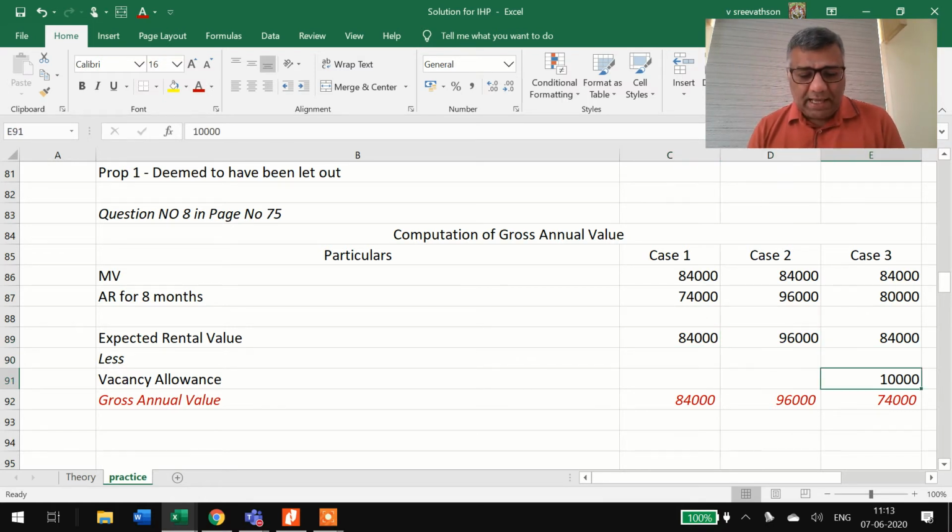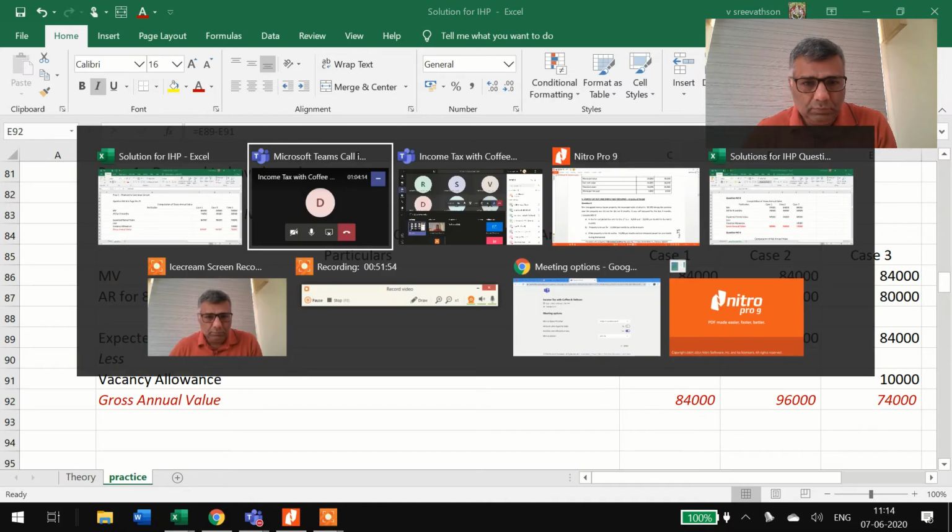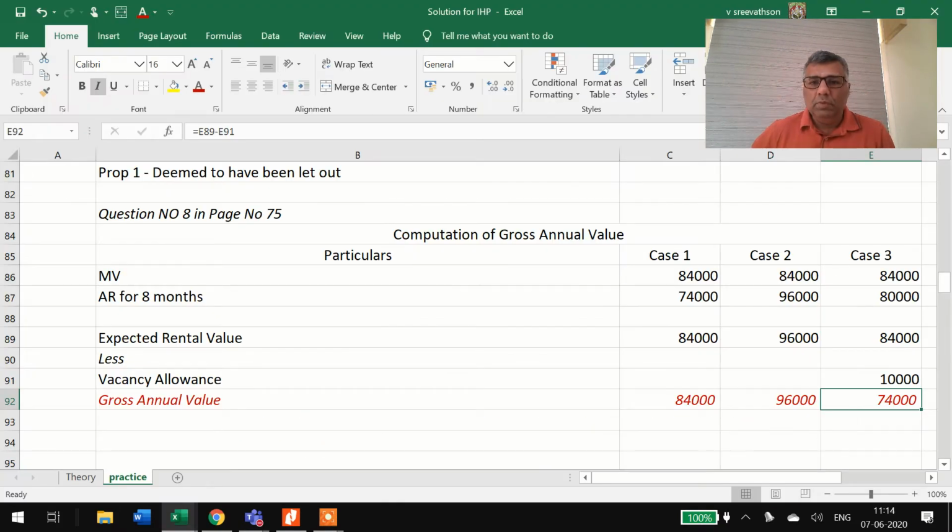In the last case, there is a vacancy allowance of 10,000. So 84, 96, and 74.